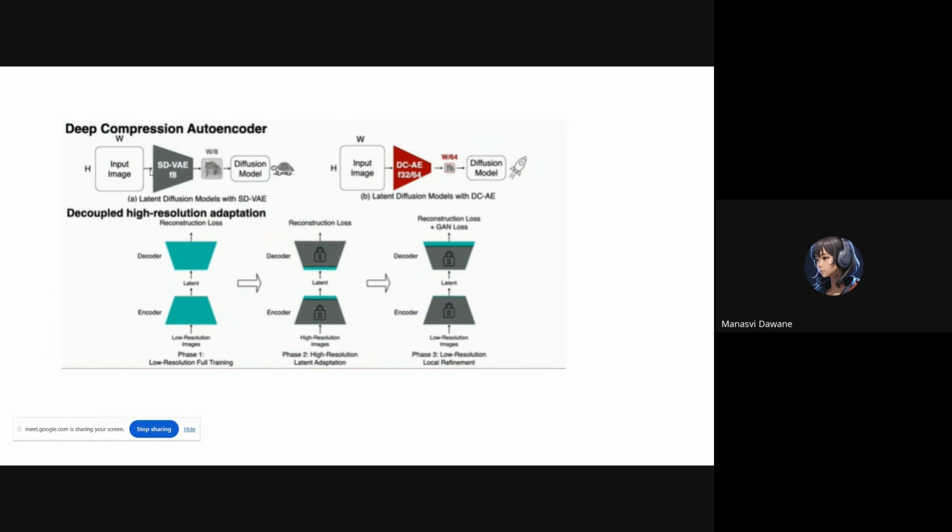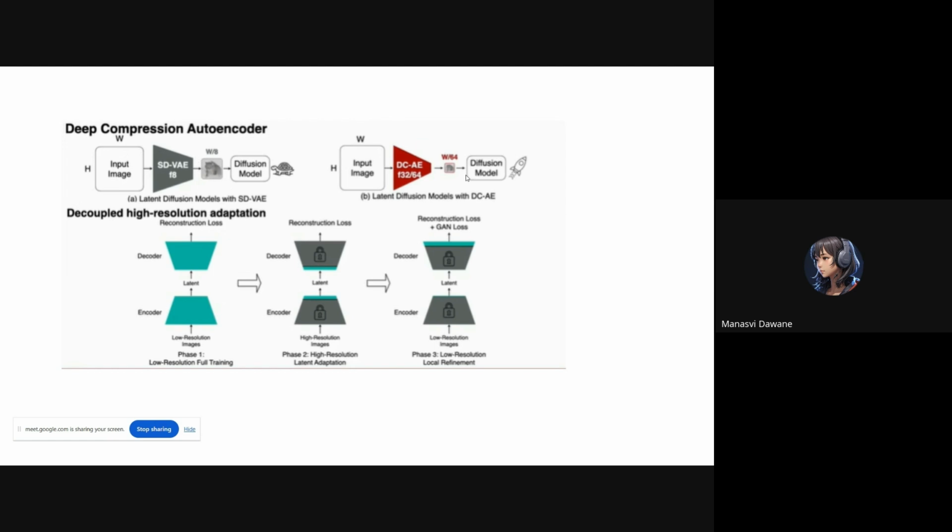We'll see that later. It has 8x compression. For example, take a 1024 by 1024 image. It is divided by 8, so it becomes a 128 by 128 latent. The tokens generated here are, let me calculate, 16384 tokens.